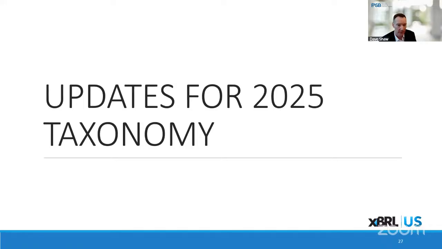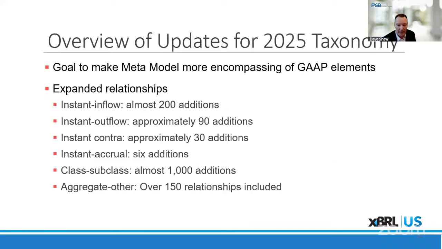All right, the next section, I'm going to talk about updates for the 2025 taxonomy, now that we've gone through all of the relationships. Here it's just by the numbers, how those relationships expanded from the prior version.